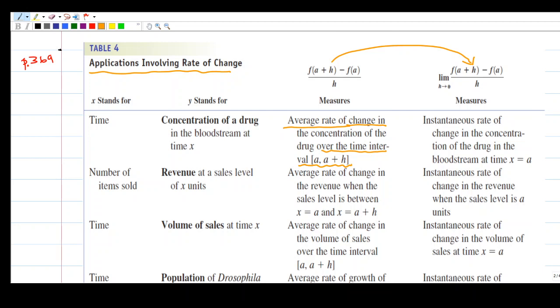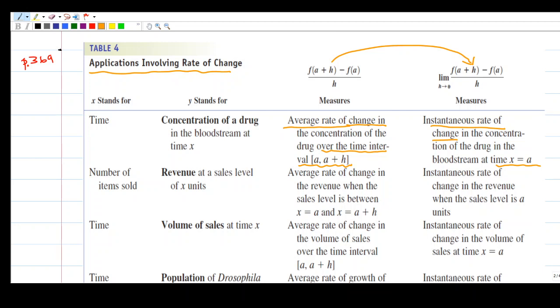If you take the limit as h approaches 0 of the expression, then it gives you the instantaneous rate of change at x is equal to a, right?